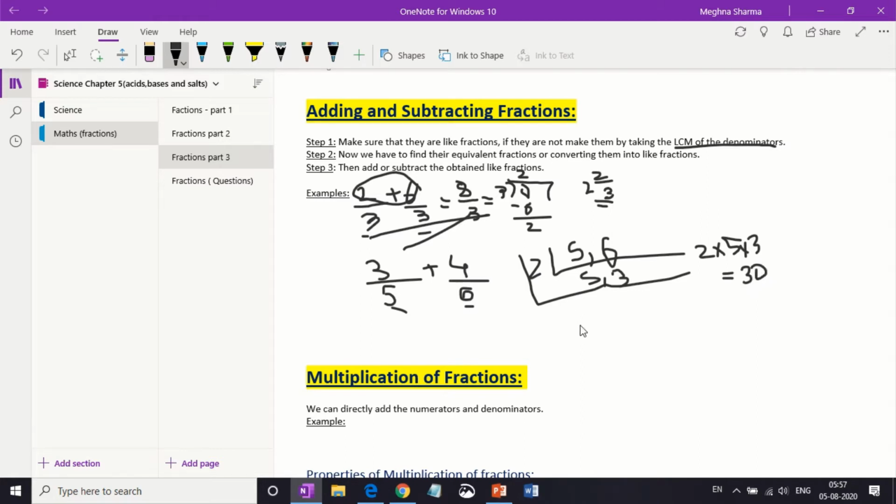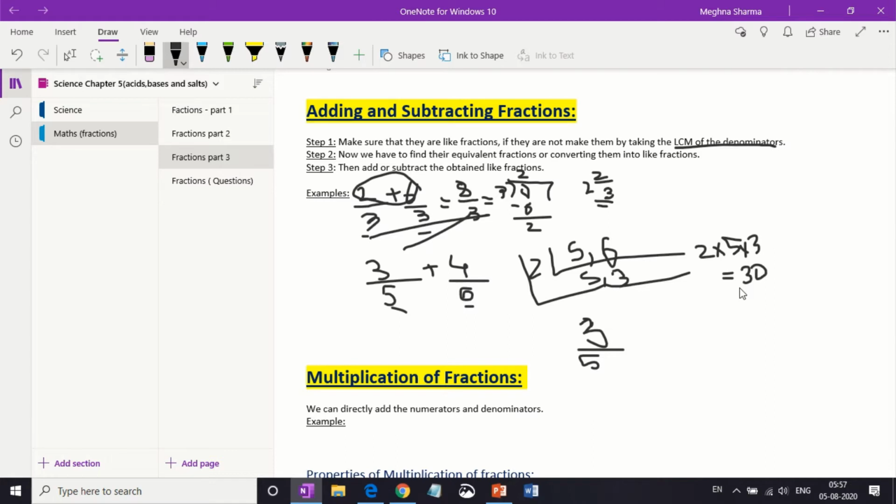Now we have to make this first fraction into its equivalent fraction, or into like fractions, after finding the LCM of the denominators. For finding equivalent fractions, we multiply or divide. If you want to get a smaller fraction, we divide.